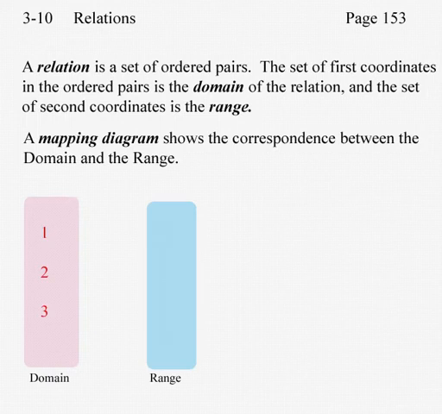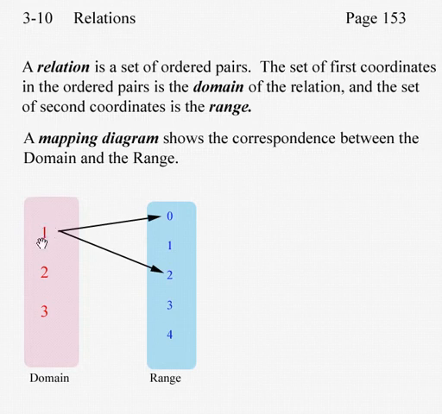So as we look at this particular situation, we have the domain, the numbers 1, 2, and 3. We have the range, the numbers 0, 1, 2, 3, and 4. In the mapping diagram, we draw lines to show correspondence. So in the domain, the point 1 is matched with 0 in the range, and it's also matched with 2 in the range.